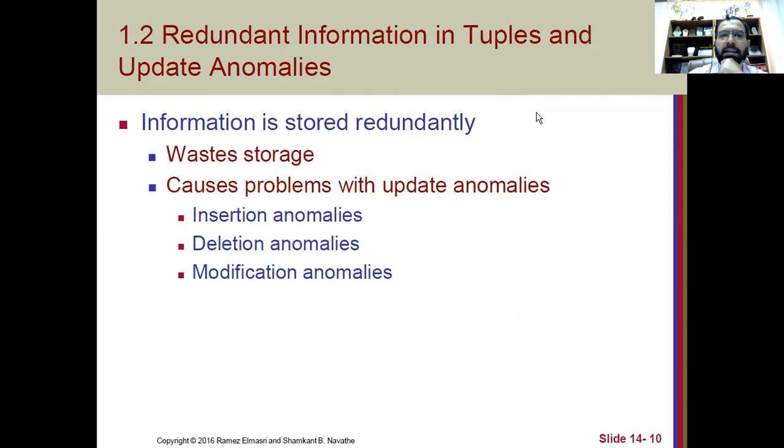The second guideline is about redundant information in tuples and update anomalies, as I have just shown you with an example, that there can be redundant data. Redundancy causes serious problems if you have not identified it carefully within the schema, because redundancy always leads to inconsistency.